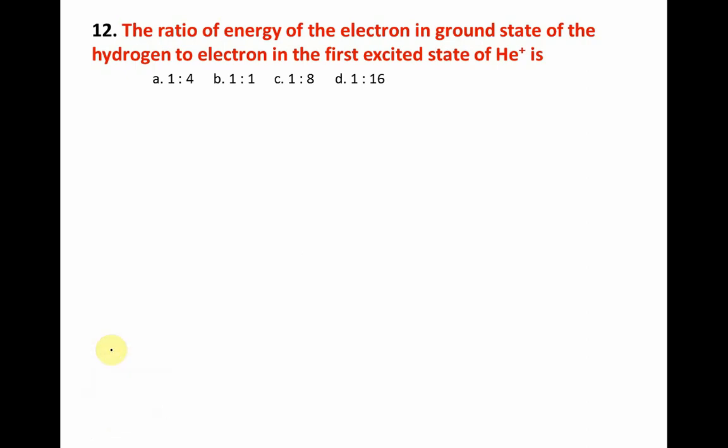Now the question is the ratio of the energy of the electron in the ground state of hydrogen to the electron in the first excited state of helium. Read the question properly before you solve.